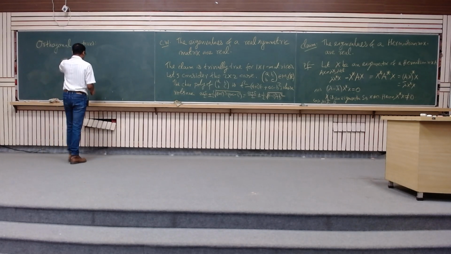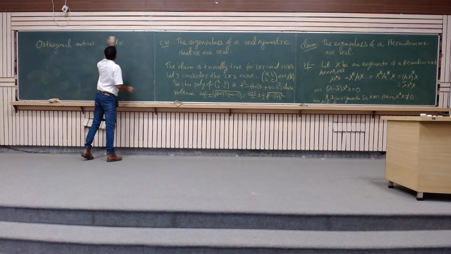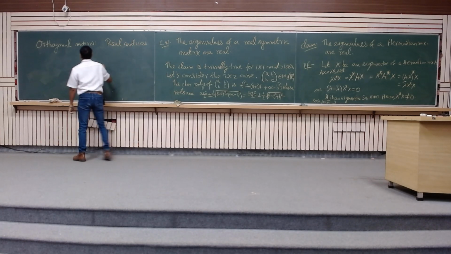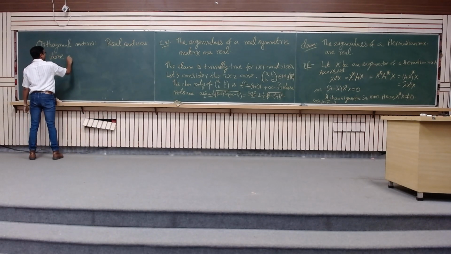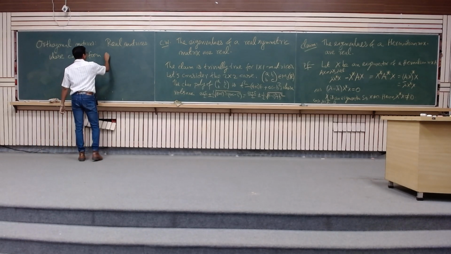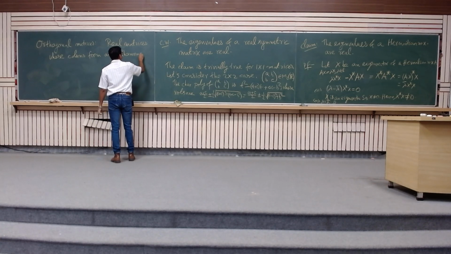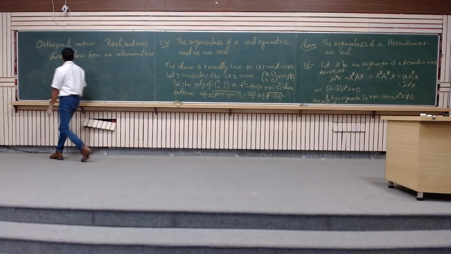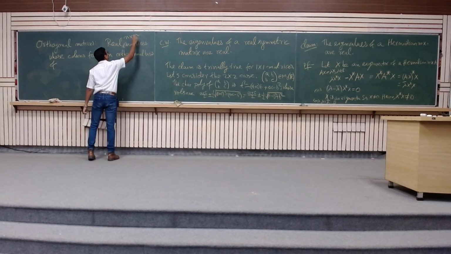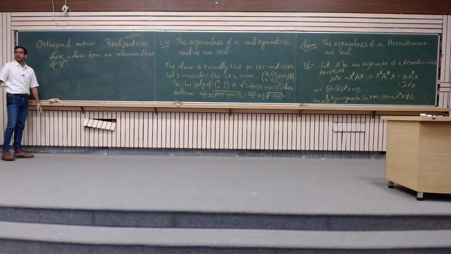And orthogonal matrices are real n cross n matrices whose columns form an orthonormal basis of Rn.